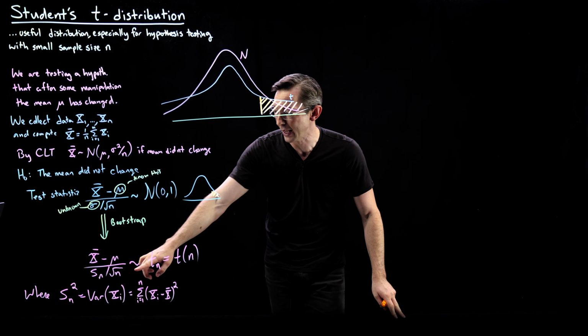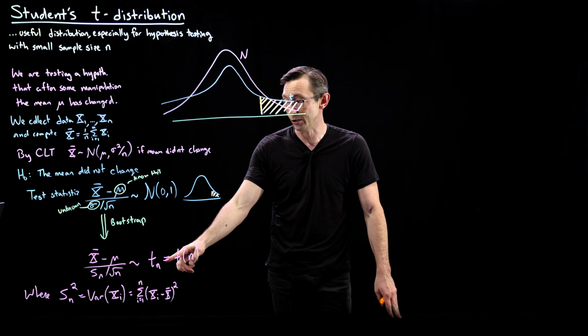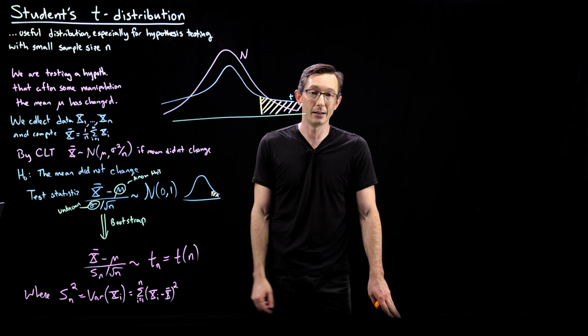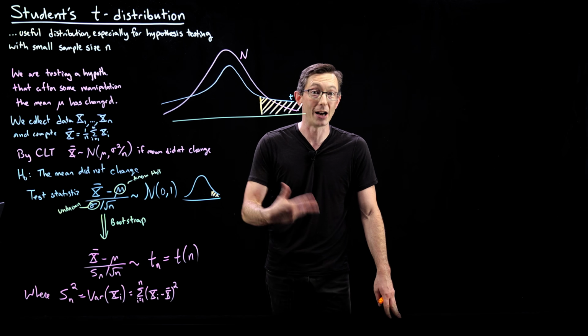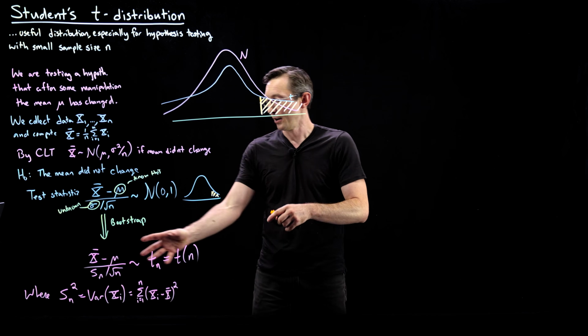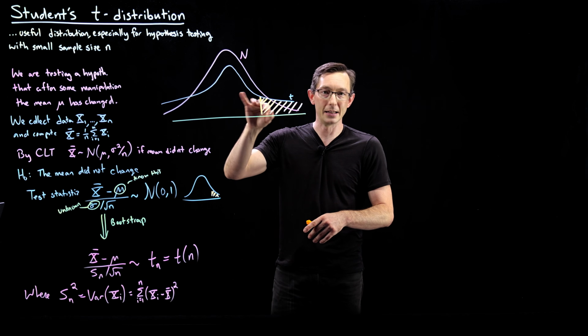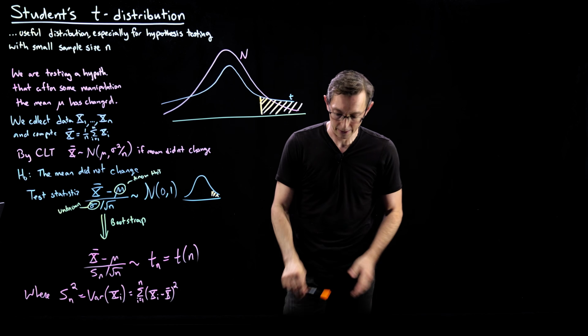So for small n and bootstrapped variance in your test statistic, you have to use the t-distribution for that hypothesis test to reject that hypothesis. I realize I completely flipped the colors here. Pink here is t, whereas blue here is t, and vice versa, but you get the idea.